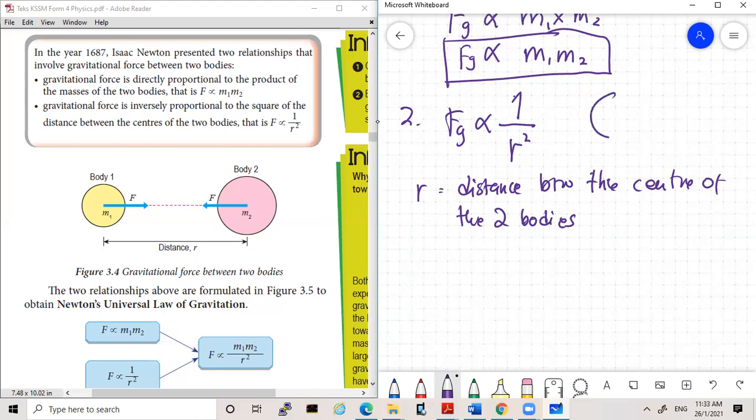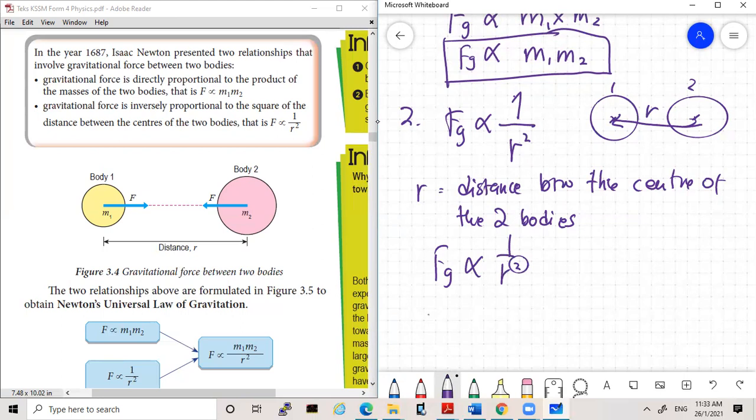So let's say we have body 1 and body 2. From their centers, we measure the distance and we get R. Newton said that the gravitational force Fg is inversely proportional to the square of the distance. Don't forget the square.